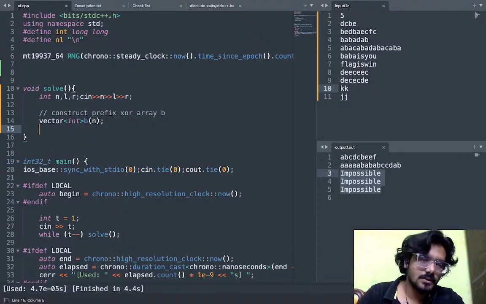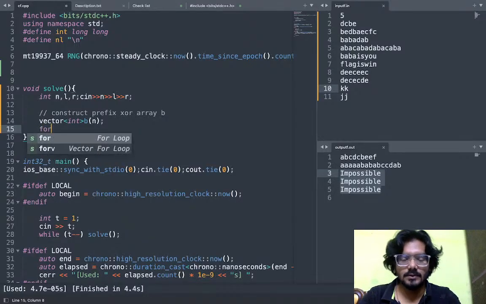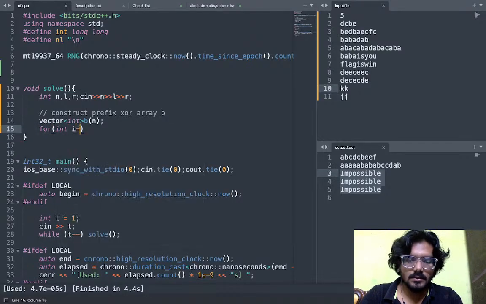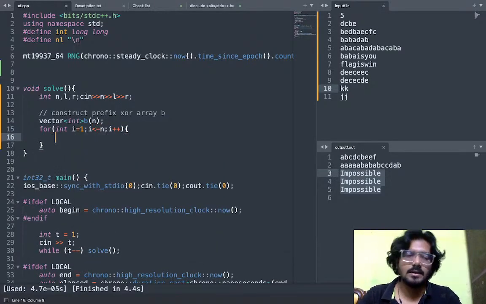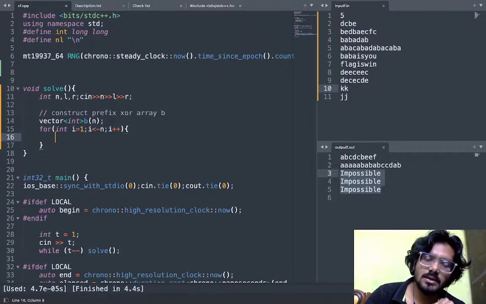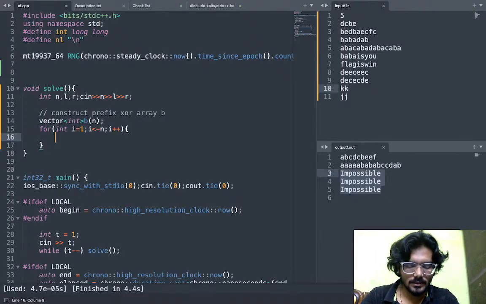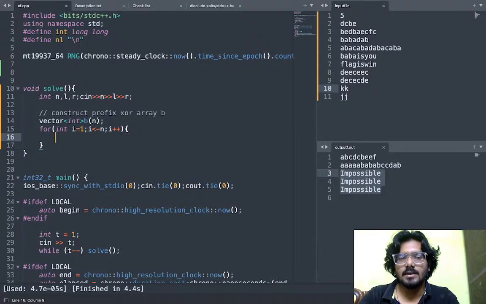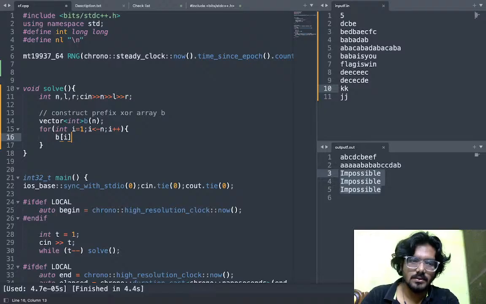So what we'll do is for i equals 1, i less than or equal to n, i plus plus. It's given that left will be smaller than right, and they both will be in the range 1 to n. bi equals i.